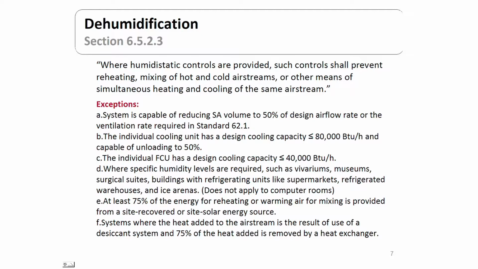And again, we see this exemption based on solar provided heat. If you have at least 75% of the energy for reheat or warming air before mixing from either a site recovered energy source or the solar, you can exempt from this. Desiccant systems can be exempt also if they have 75% of the heat added, if that's removed by the heat exchanger.